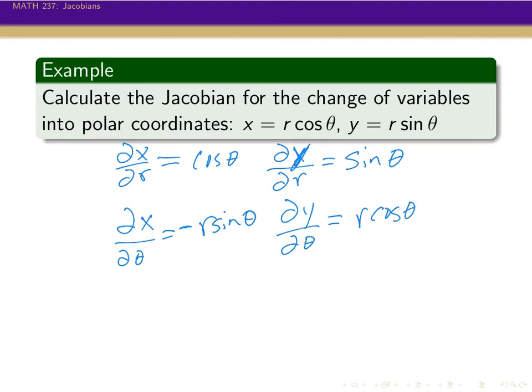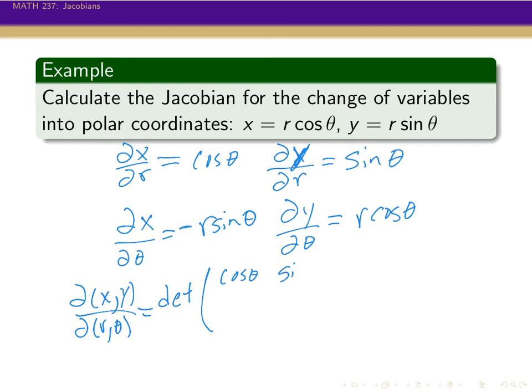Okay. So our Jacobian, going from xy to r theta, is the determinant of, just writing these in, partial of x in terms of r is cosine theta, partial of y in terms of r is sine theta, partial of x in terms of theta is minus r sine theta, partial of y in terms of theta is positive r cosine theta.